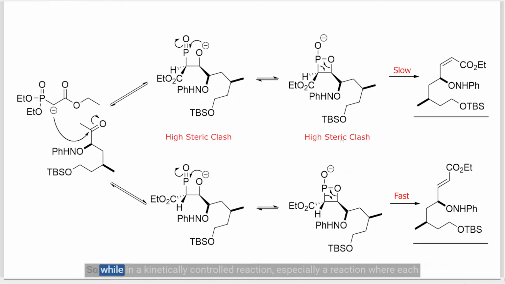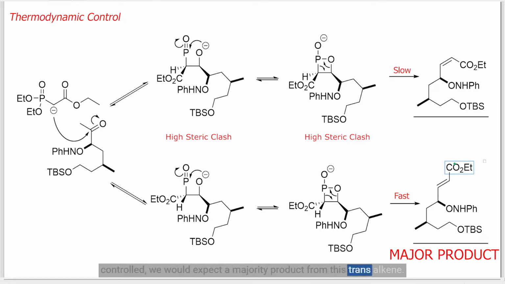So while in a kinetically controlled reaction, especially a reaction where each of these reaction arrows had one head, we could expect this top cis alkene to be the final product. In this case, because the reaction is thermodynamically controlled, we would expect a majority product from this trans alkene.